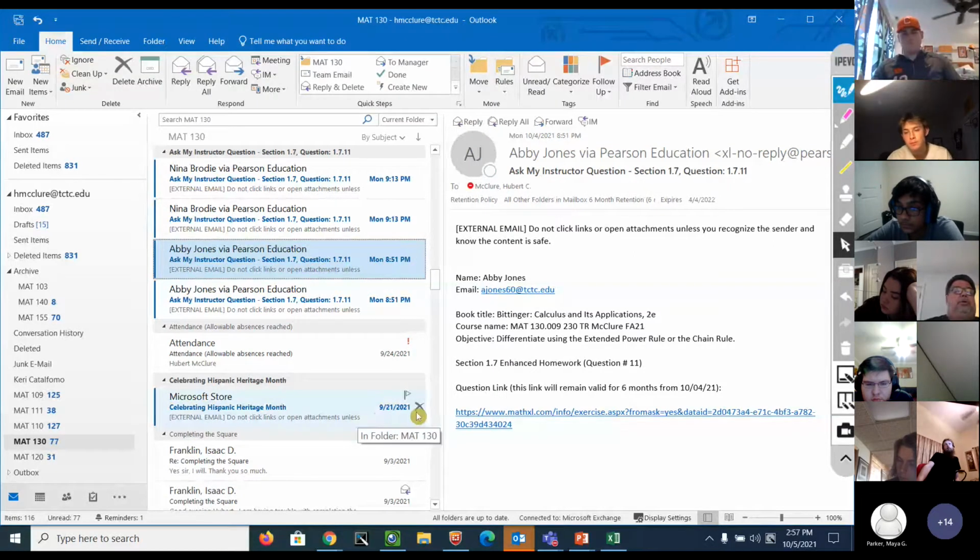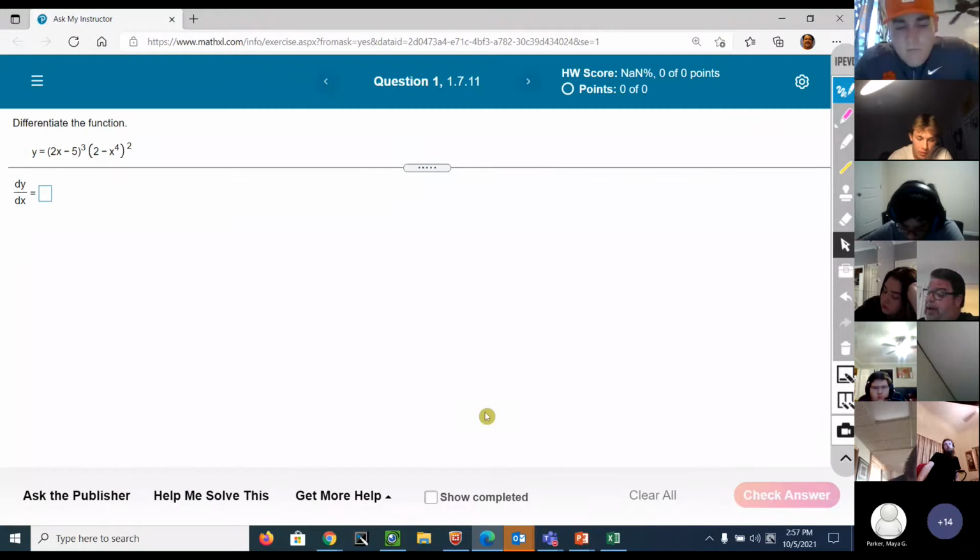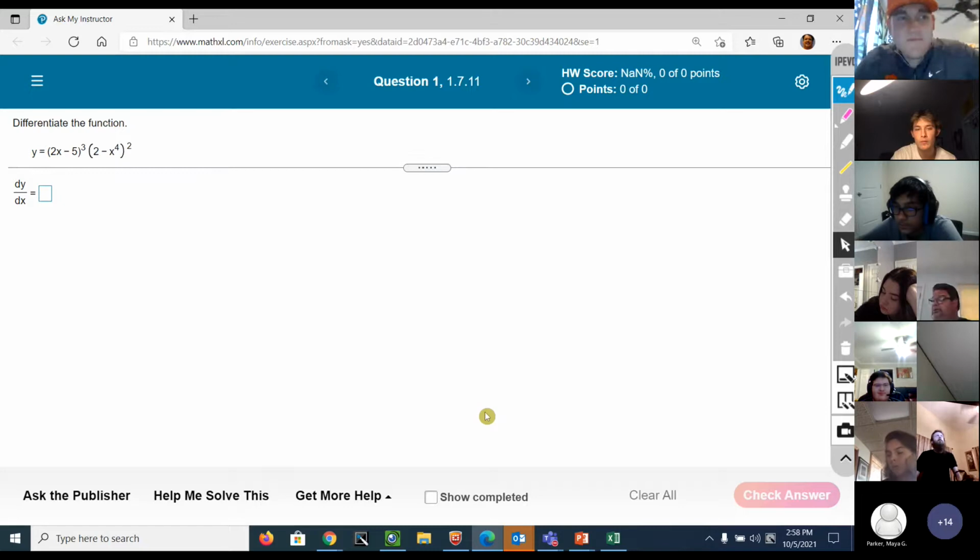Differentiate. Oh yeah, this is a good test question right here. This is the kind of stuff I like to give you on the test. All right, so y is equal to 2x minus 5 to the third power times, nobody ever writes like this, 2 minus x to the fourth raised to the second power. That must be some of that new Tide Pod algebra they teach you now.